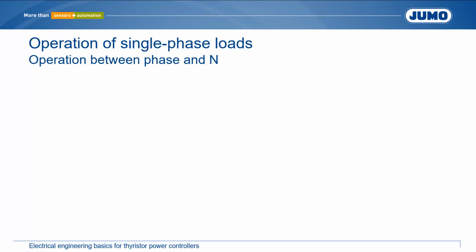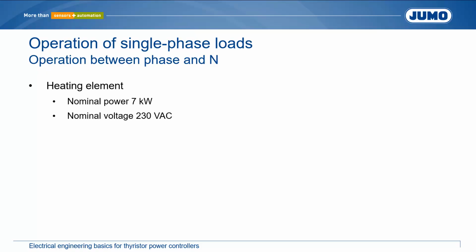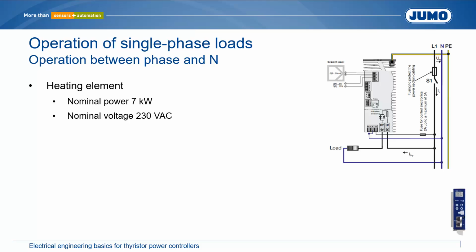Generally, information on the nominal voltage and nominal power of the heating elements is available. If, for example, a heating element with a rated power of 7 kilowatts and a rated voltage of 230 volt AC is used, it is operated in the usual low voltage networks between phase and neutral via a single-phase thyristor power controller of type TYA201.